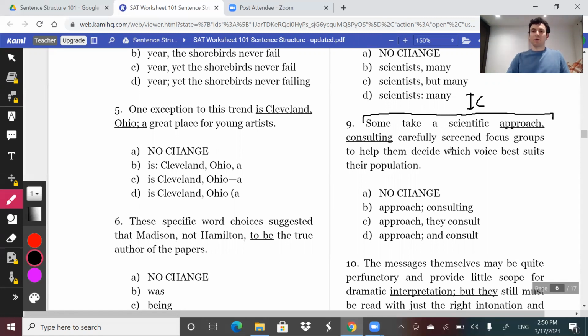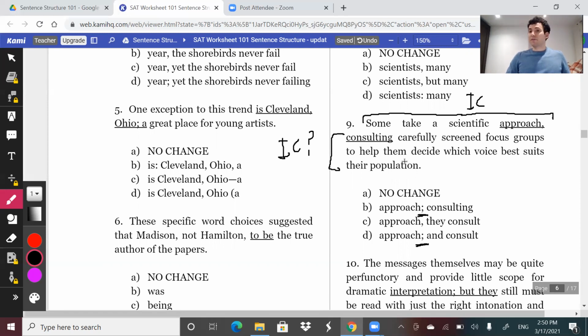Then we have, consulting carefully screened focus groups to help them decide which voice best suits their population. So the key thing here is you have to decide whether or not that's an independent clause. If that's an independent clause, we have a comma splice, and it's not A. And we need to go in the direction of maybe using a semicolon. That said, if the second part's not an independent clause, A is actually the right answer.